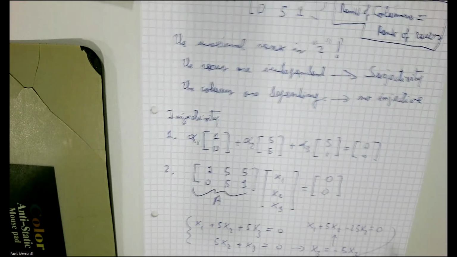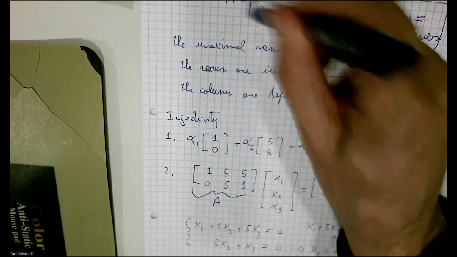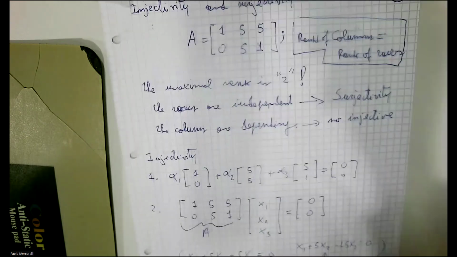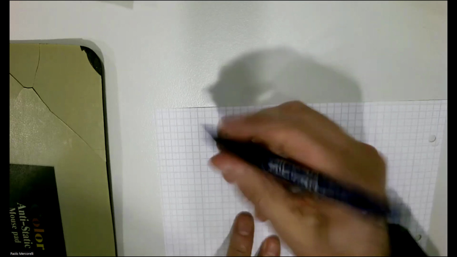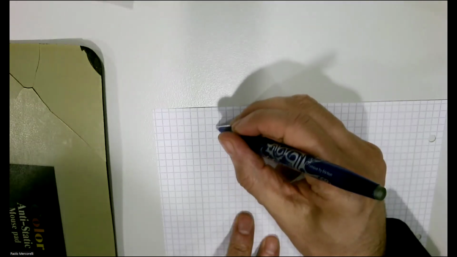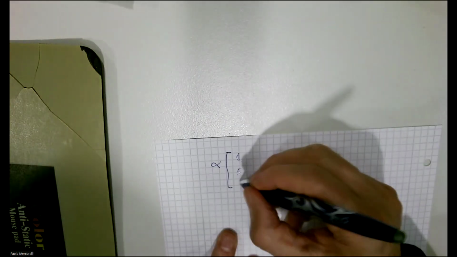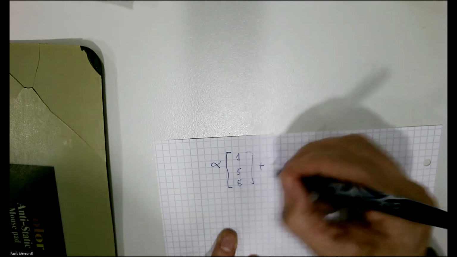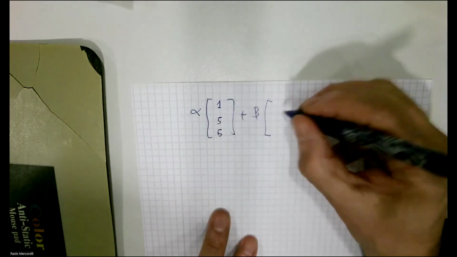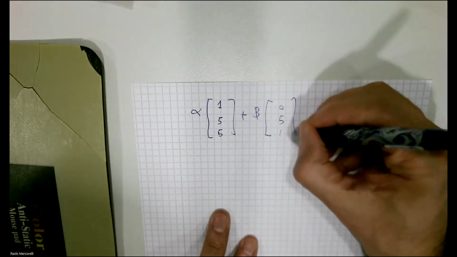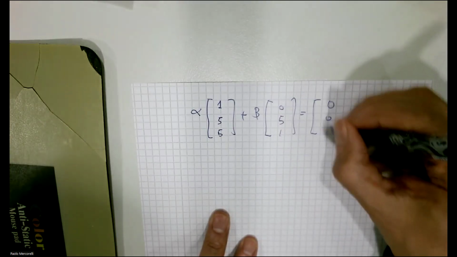Surjectivity. Why is it surjective? Because we have two independent rows. To demonstrate this, you have to write this. Please pay attention here.